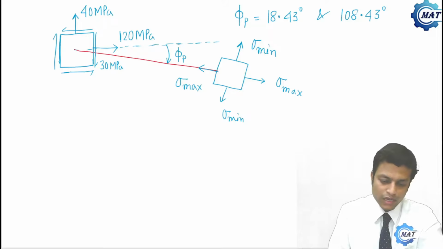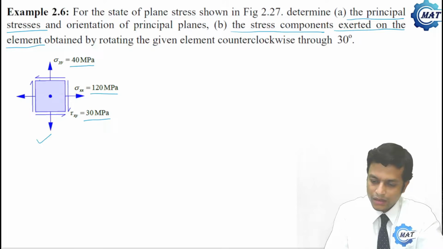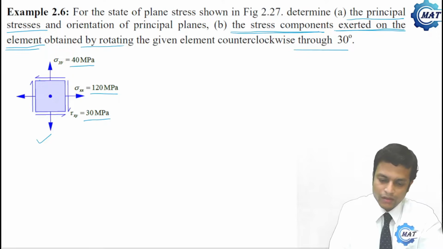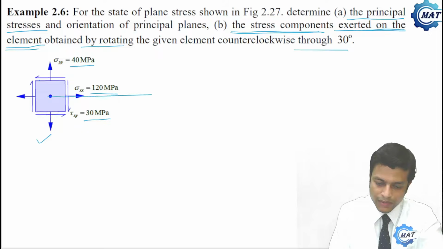Now let us move to the next problem, that is problem B. The stress components exerted on the element obtained by rotating the given element counterclockwise through 30 degree. So we have to calculate the stress values on that plane.